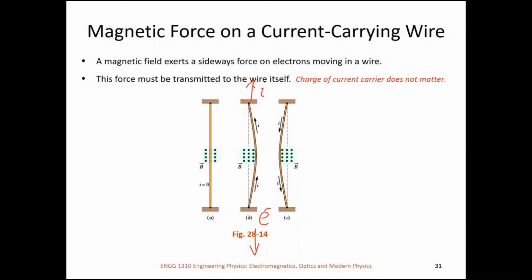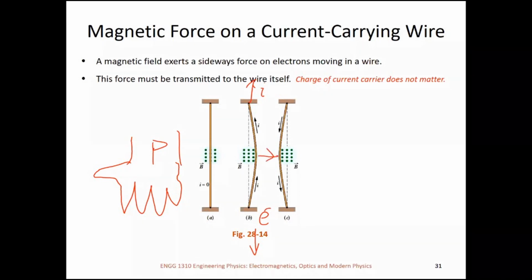The B field is pointing out of the page, so your hand would be something like this, this is your palm side. But it is electron, so the total force is actually the other way, and the current carrying wire will have a deflection to the right.